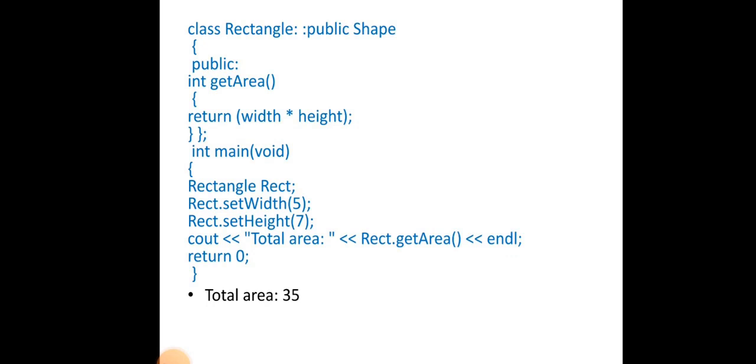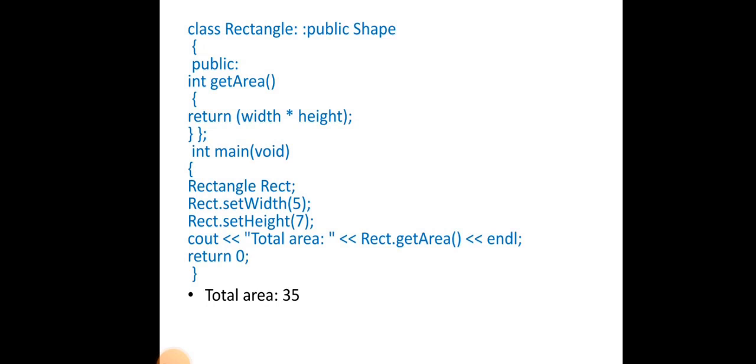Class Rectangle : public Shape. Under this derived class, we have a public member function getArea. Within the getArea member function, we return the multiplication value of width and height.